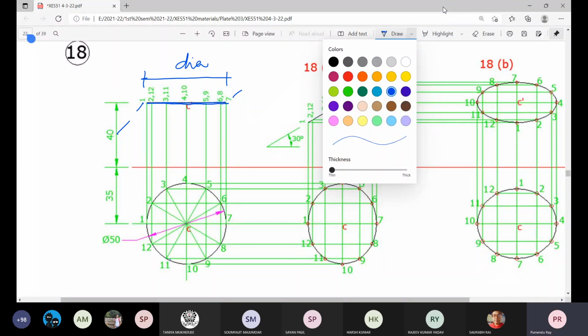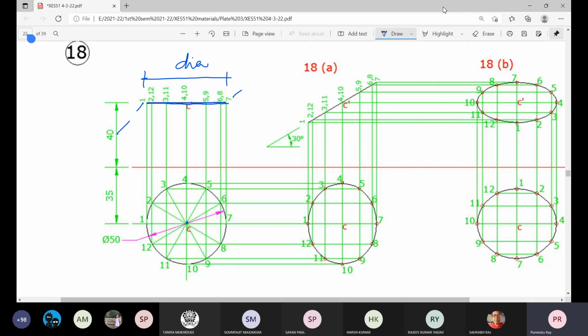What is that? The center should be at a distance of 35 millimeter. So at 35 millimeter, you locate this center C, and taking radius 25 millimeter, draw this circle. Then subdivide at an interval of 30 degrees from this horizontal line, clockwise: 30, 60, 90, 120, 150, and then 180.